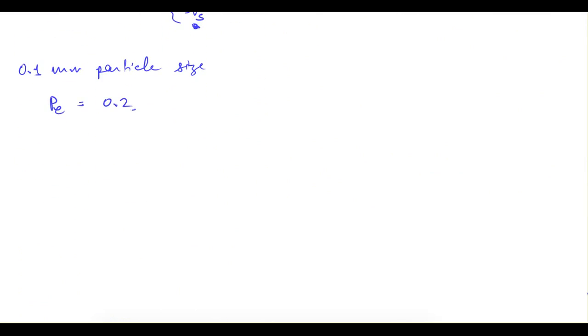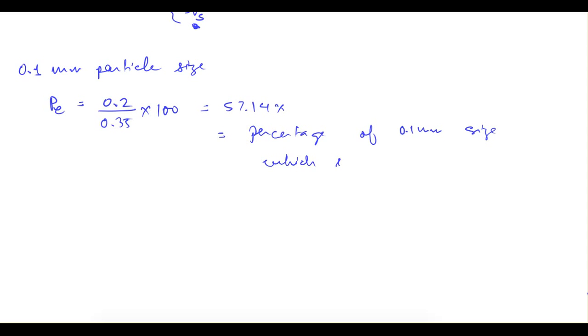So 0.2 divided by 0.35 into 100 is equal to 57.14%. What is this 57.14%? It is the percentage of particles of 0.1 mm size which will settle.